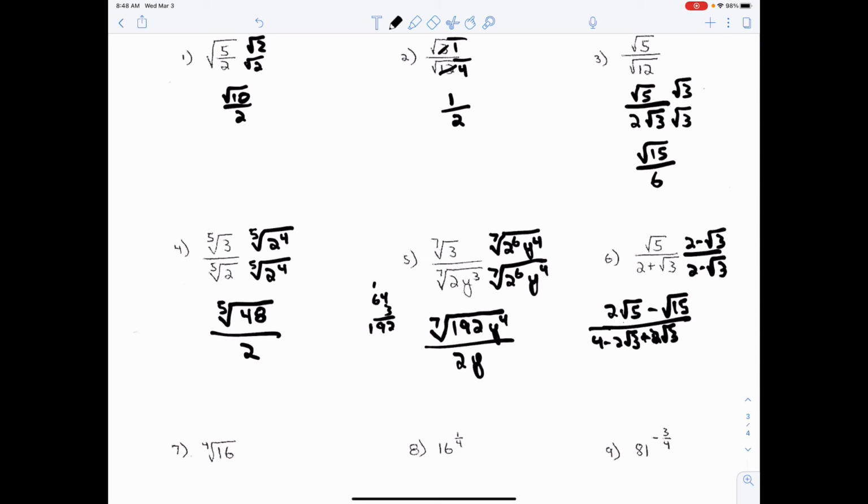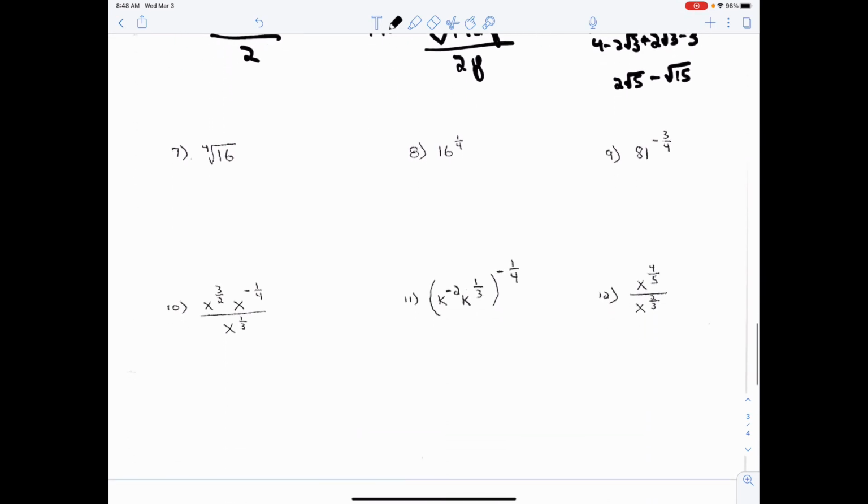Let me make that a little nicer looking. Sorry, they don't cancel, they subtract. And then minus 3. Now the bottom all becomes 1. It won't normally become something like that, but so we get 2 square root of 5 minus square root of 15, and in this case, it's all over 1. So it just is that.